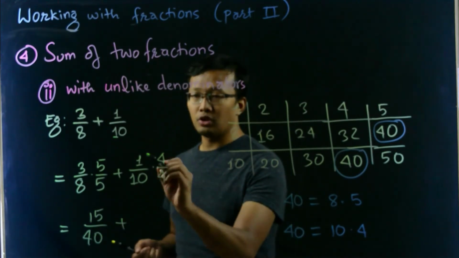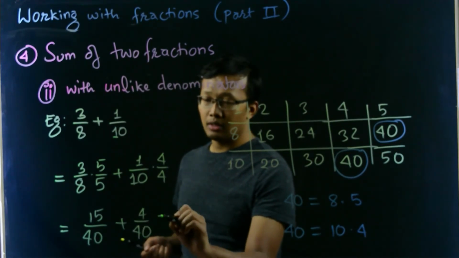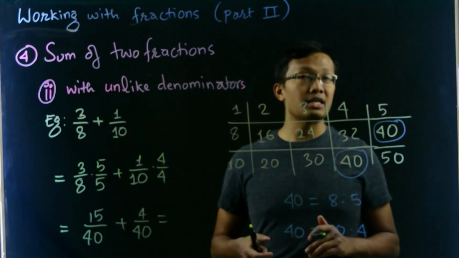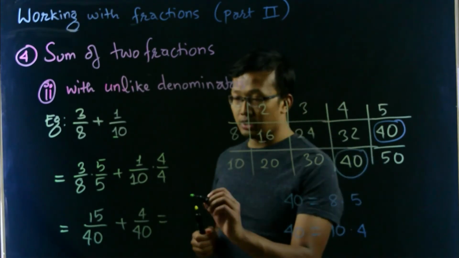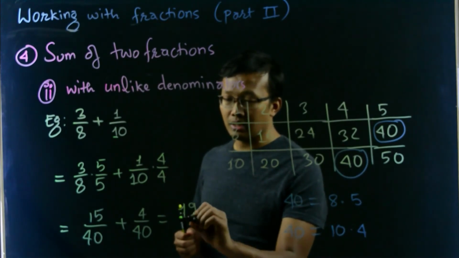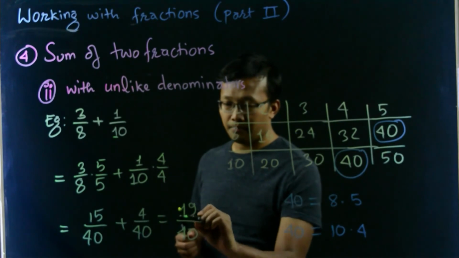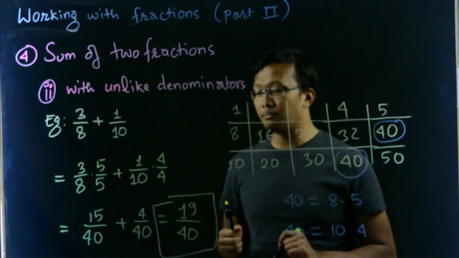Similarly, 4 times 1 is 4 and 10 times 4 is 40. Once we have figured out that the denominators are the same, then add the numerators. So 15 plus 4 is 19, over 40. So 19 over 40 is our answer.